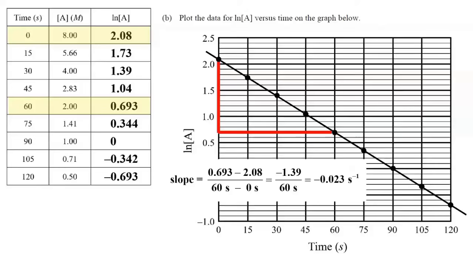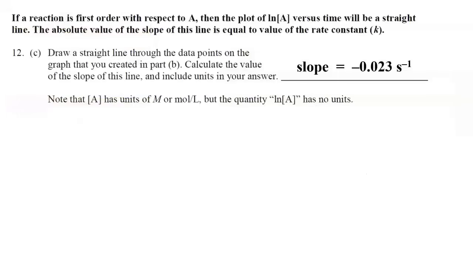Again, I have no units on the y-axis, but I have units of seconds on the x-axis. So when I do this math of negative 1.39 divided by 60, I get negative 0.023, and my units are 1 over seconds, or inverse seconds. So my answer to part C is that the slope of that line is negative 0.023 inverse seconds.